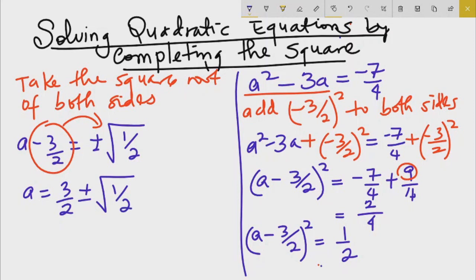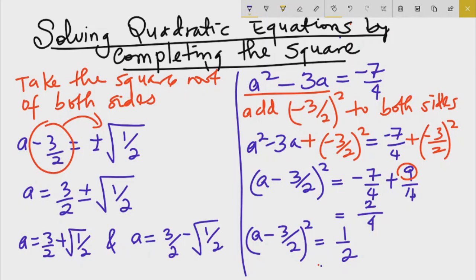You can just leave it like this, or you can simplify using your calculator. It doesn't matter, so just leave it like that. So a will be 3/2 + √(1/2), and a will be equal to 3/2 - √(1/2). So those are your solutions.